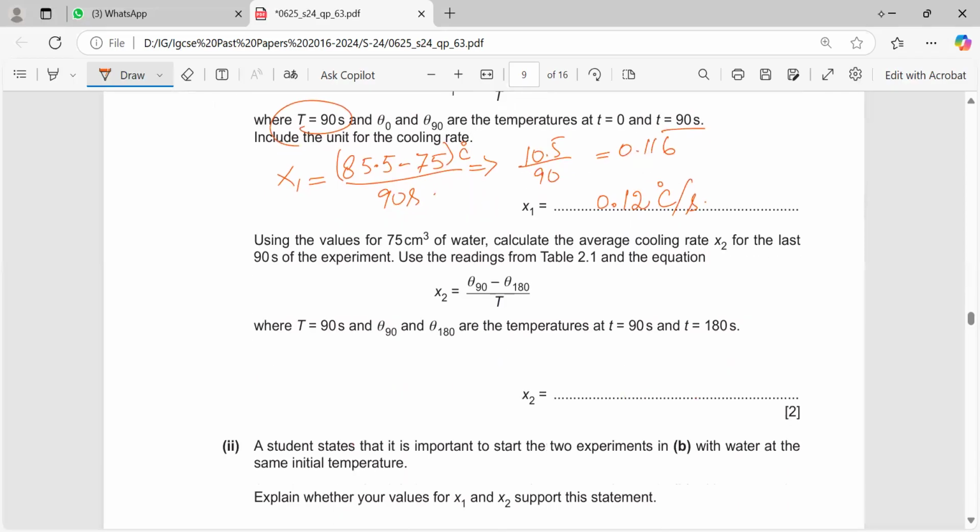So for the same beaker, we have to use now theta 90 and theta 180. Time is again 90 seconds. Theta 90 is 75, we have used it already.